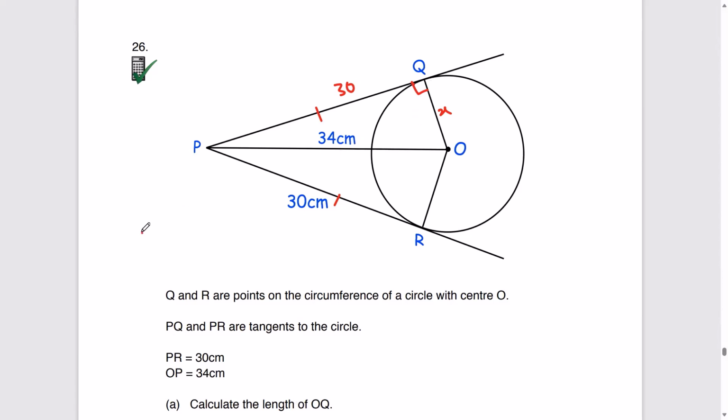That's going to be 34 squared equals 30 squared plus s squared. And that's actually going to be s squared equals 34 squared minus 30 squared. So if you do 34 squared minus 30 squared, what do you get?